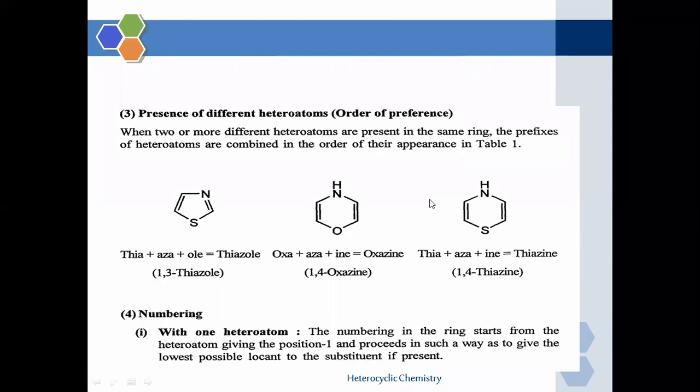Then the next rule is numbering. How are we going to assign the numbering to the ring atoms? The numbering contains different rules. If there is one heteroatom, the numbering in the ring starts from that heteroatom itself, giving it position number 1.